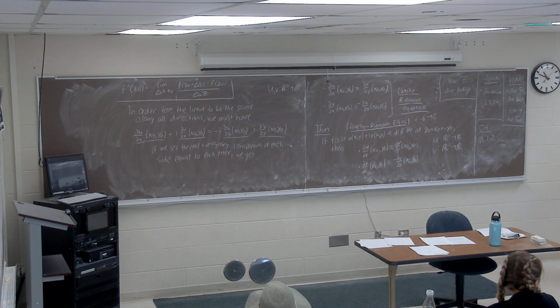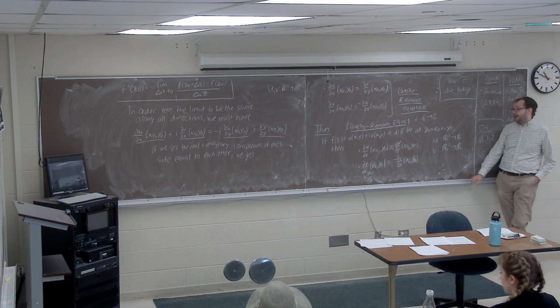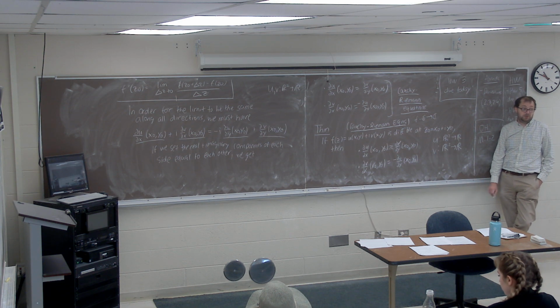So like U of x, y is the real component? Correct. Because U we can write as a function in terms of x and y, the real and imaginary components of whatever z is we're plugging in.